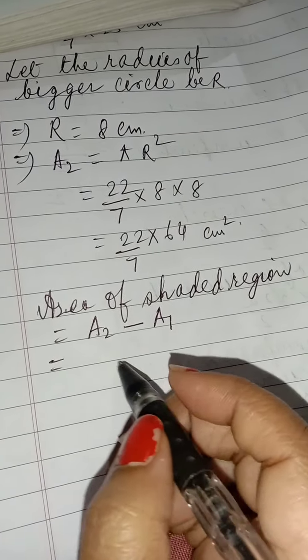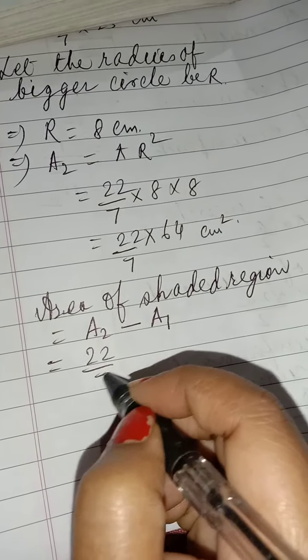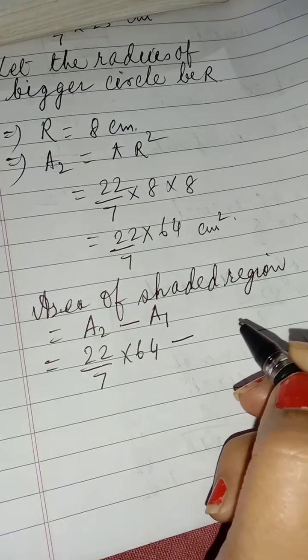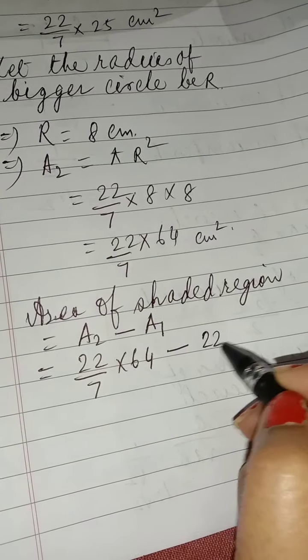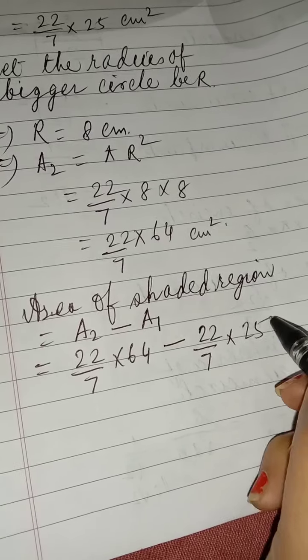A2 was 22/7 into 64, minus A1's value, which was 22/7 into 25.